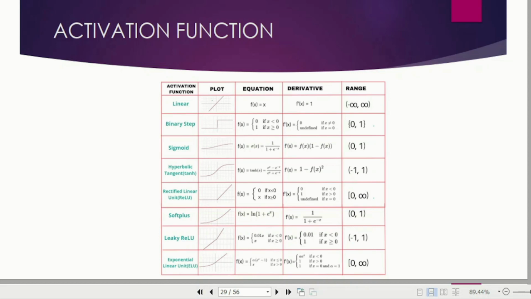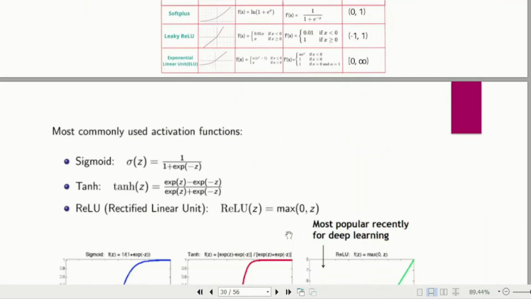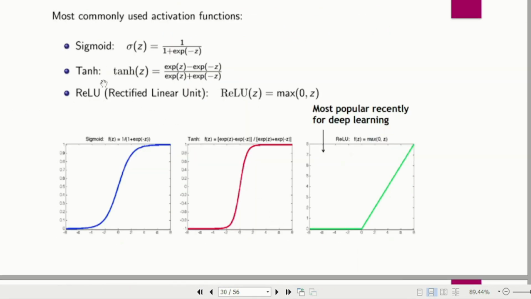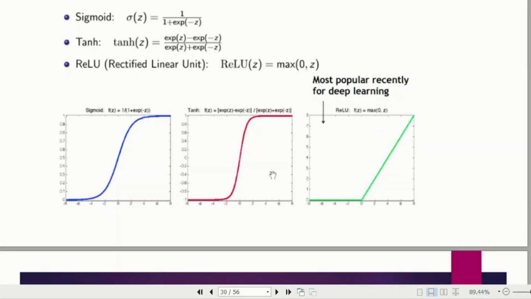So we can have different types of activation functions in front of you. The most commonly used activation functions are these three: the sigmoid, the tanh, and the ReLU, rectified linear unit, and these are the three most important ones. ReLU is mostly used for deep learning.